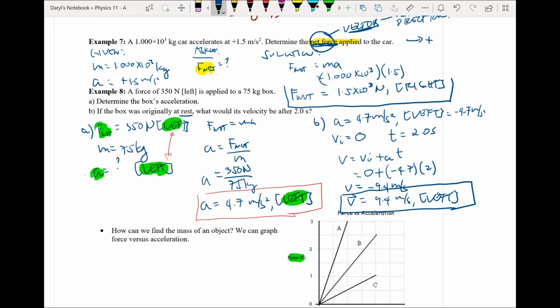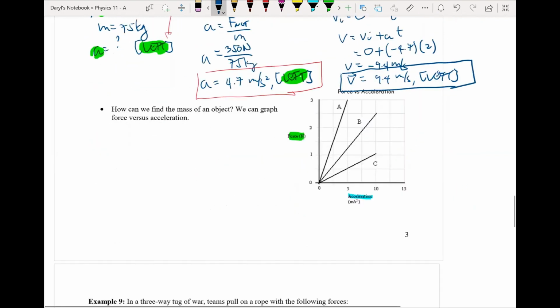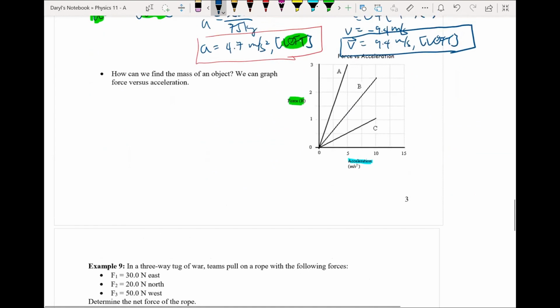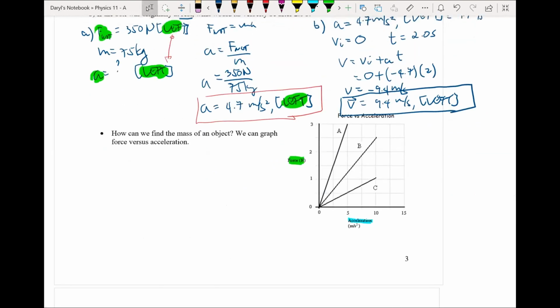Again, if the net force is just constant, which is what we'll be dealing with, the force being exerted on an object is the same all throughout. So we would say that the acceleration is also the same. Okay, let's take this example here, and after which we'll have a short break.